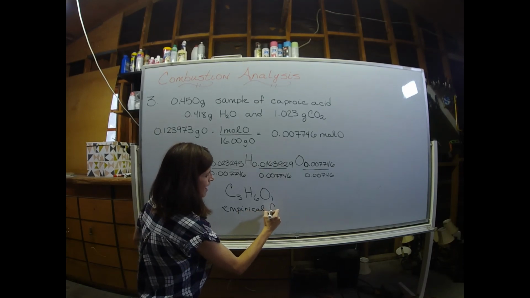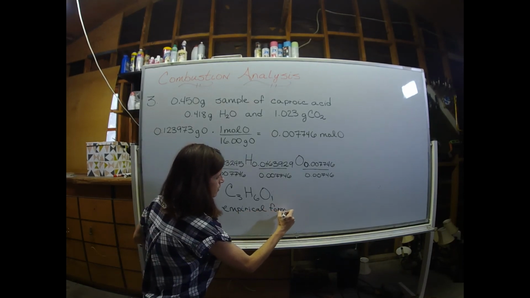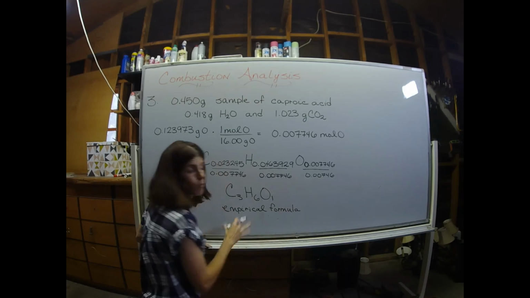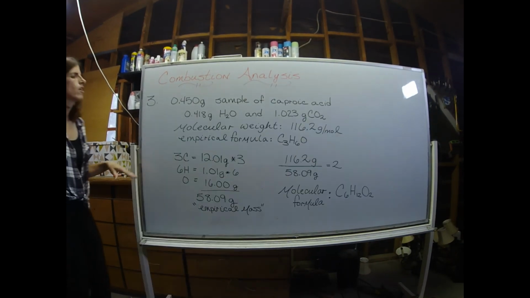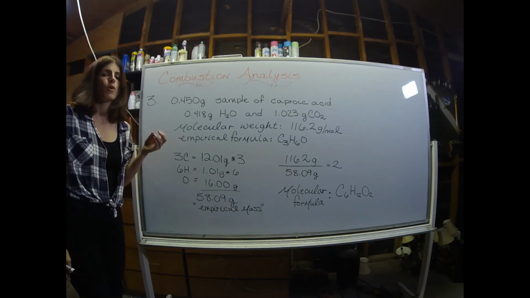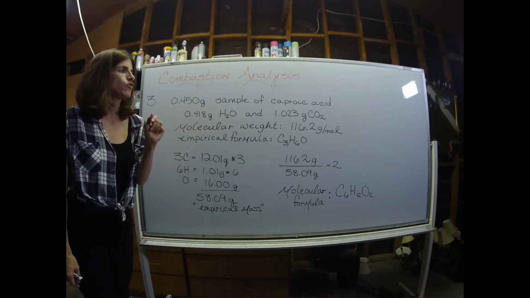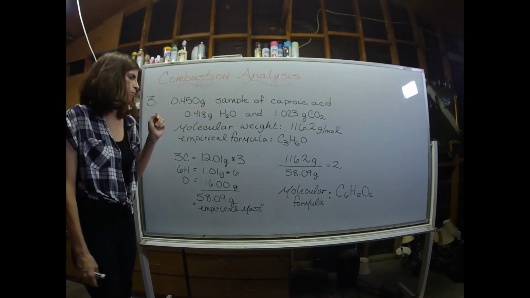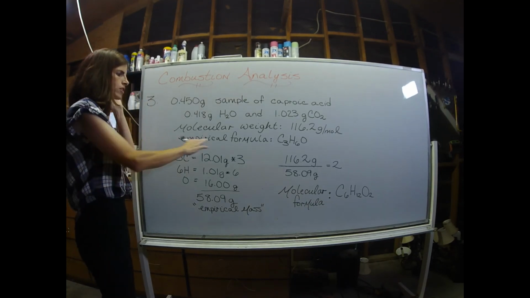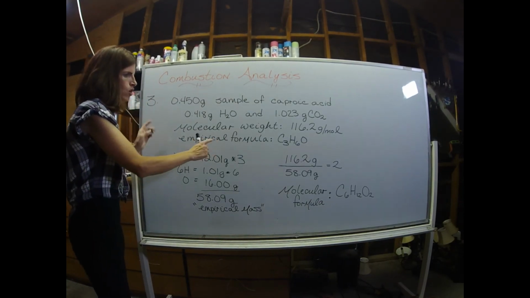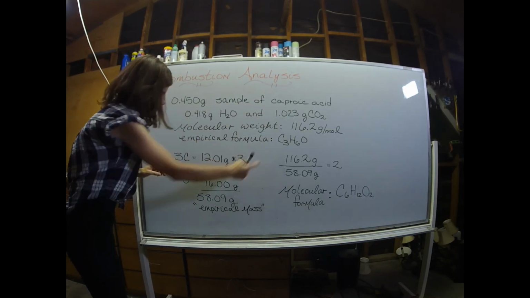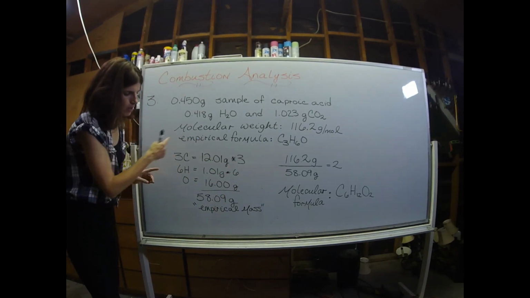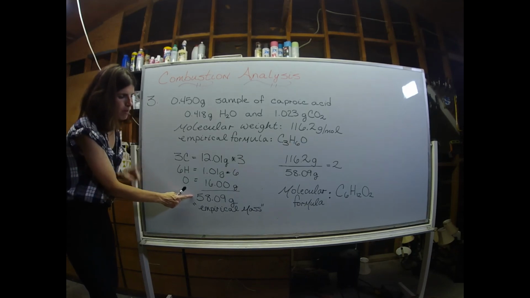And our last step is going to be to use the molecular mass to determine the molecular formula. The problem told us that the caproic acid had a molecular weight of 116.2 grams per mole. We just determined the empirical formula, so I used this formula here, C3H6O, to calculate the empirical mass. That came in at 58.09 grams.